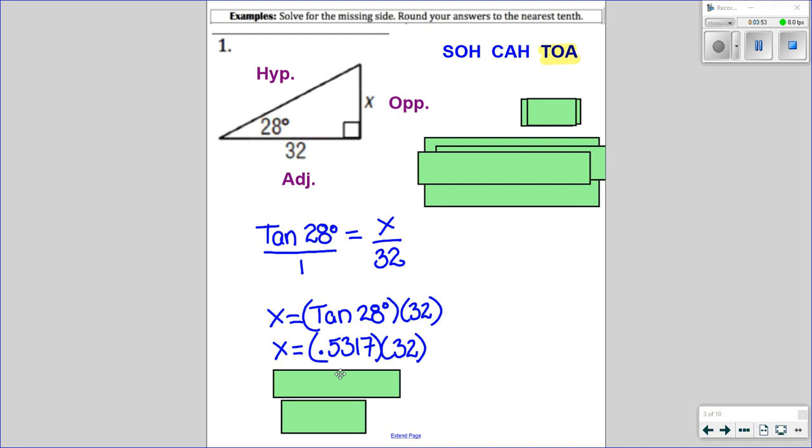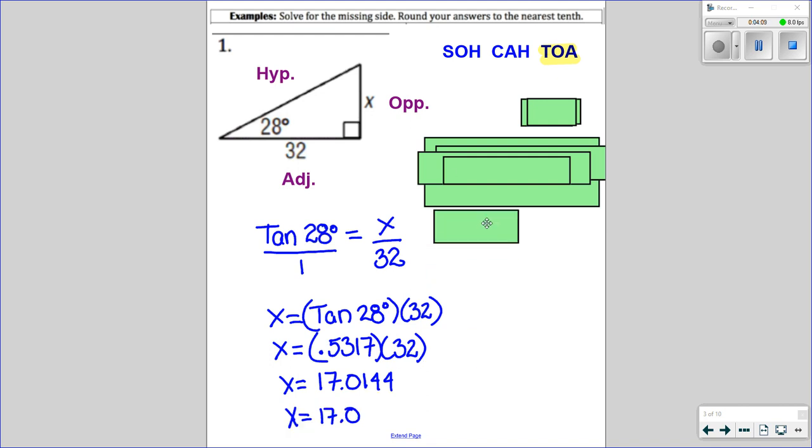There might be a longer number after the decimal, but we'll just stick with 4 digits after the decimal. We'll multiply those two, and then we get 17.0144 and some more digits. But since they ask us to round to the nearest tenth, x equals 17.0. And that is our answer.